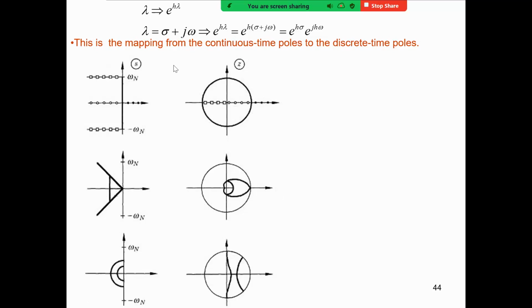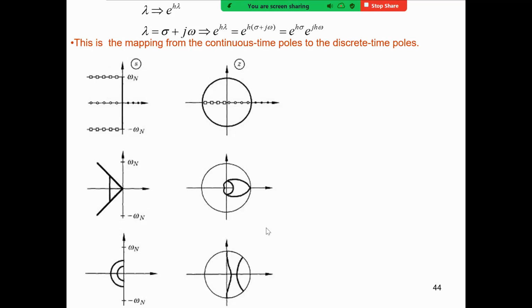Of course, this is a nonlinear map, so they are mapped into some curves, but those curves are inside this unit circle because those lines are stable. Here also, those circles are mapped into some nonlinear curves inside this unit circle.